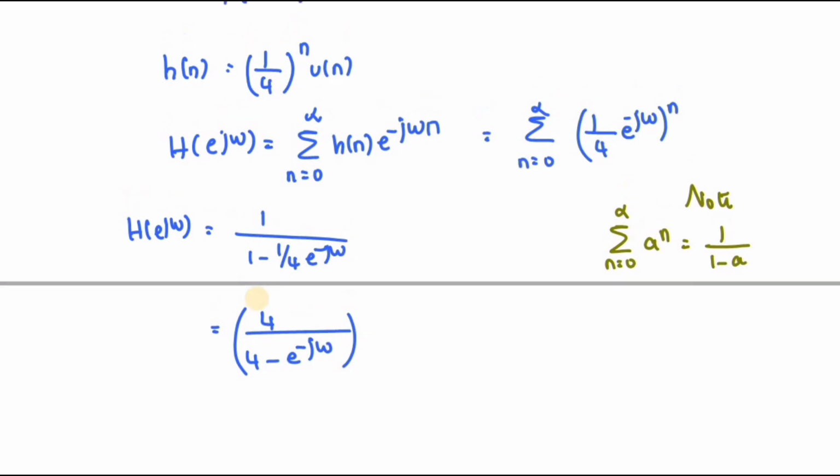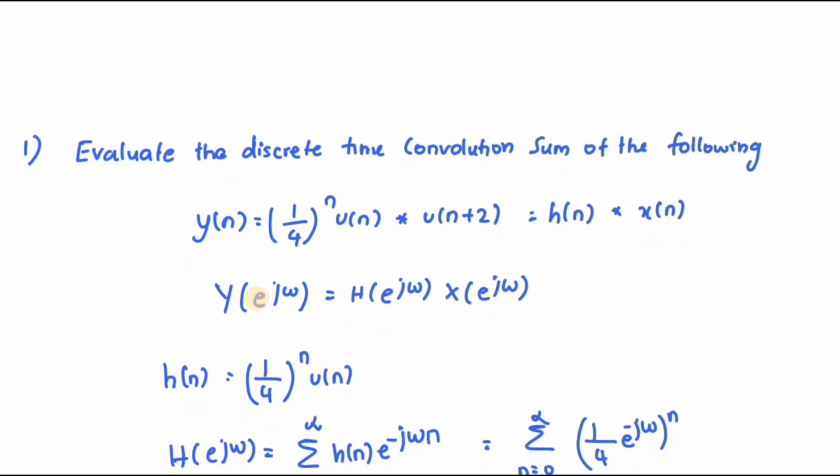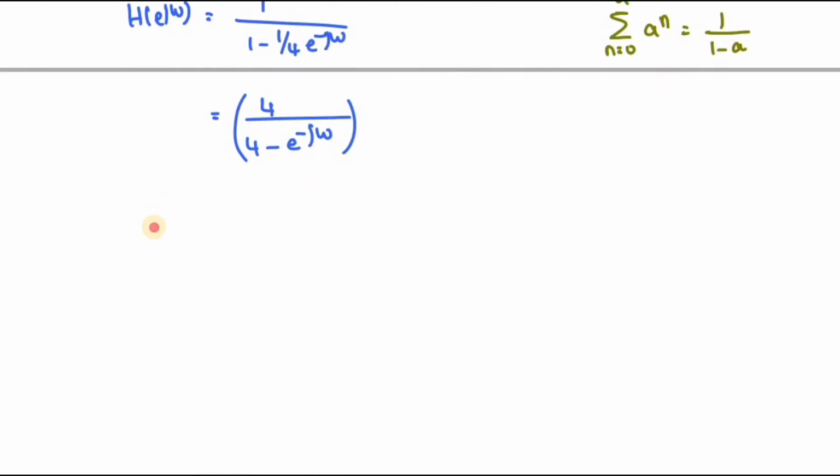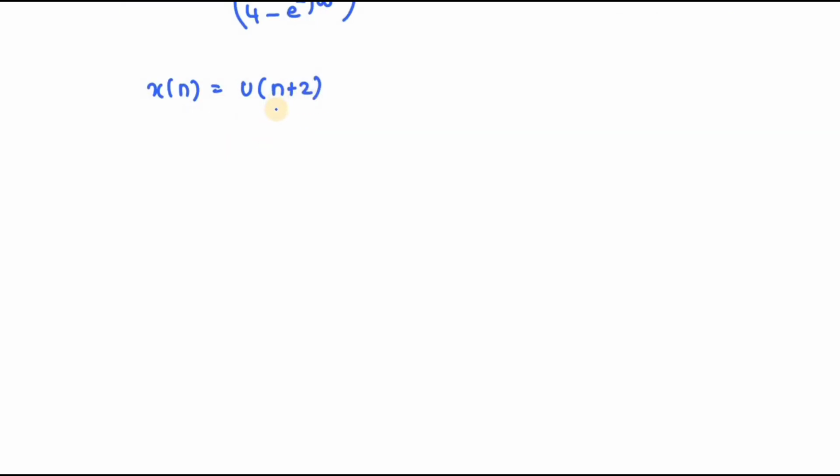In a similar way, I need to find the value of x of n. So x of n, they have given as u of n plus 2. So I want to make this argument 0, so I have to substitute n is equal to minus 2. For n is equal to minus 2, it becomes u of 0.